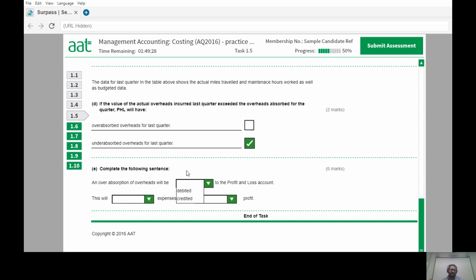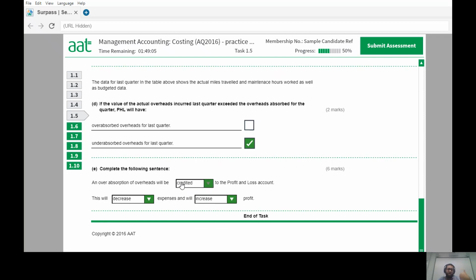My actual cost is only £890. I need to credit my profit and loss statement, as the £110 is going to be the over absorption, because if it's the over absorption, this will decrease your expense and increase your profit.